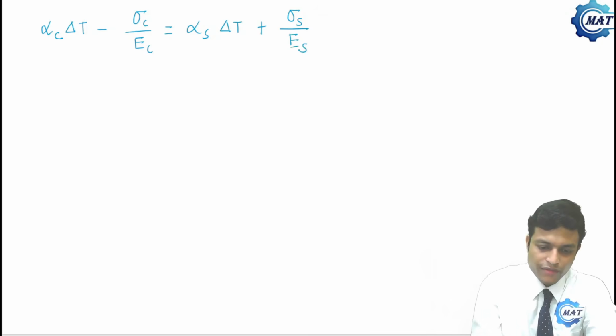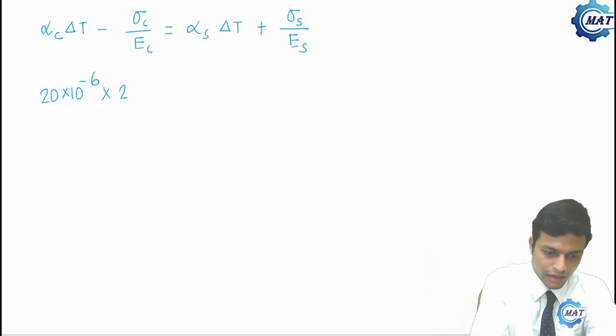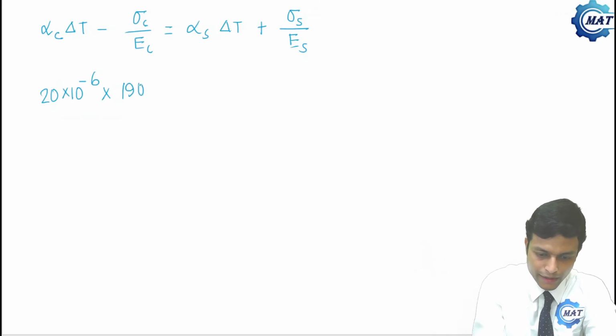Now let us put in the values of all parameters. Alpha C is 20 into 10 to the power minus 6, and delta T is 190, minus sigma C, which we have to determine.